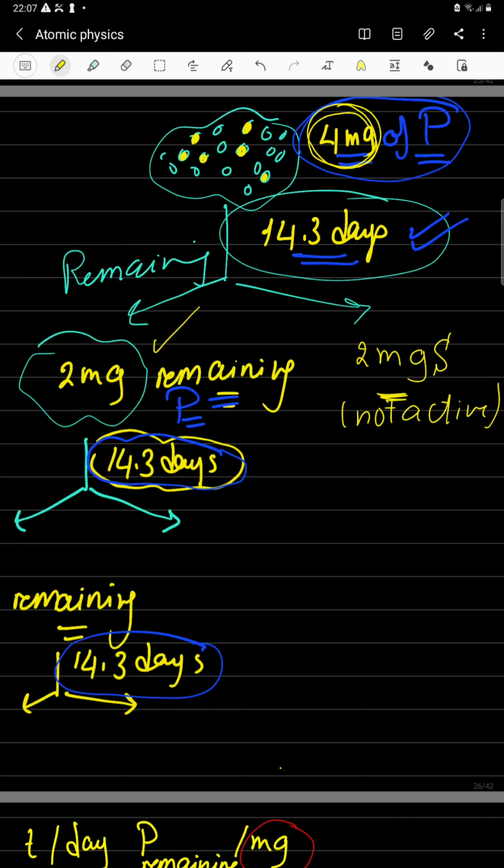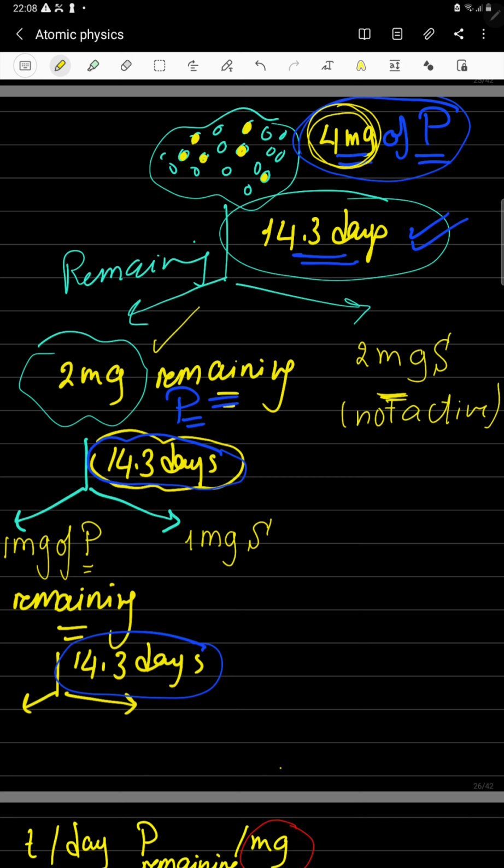And then this is going to be repeated again. After another 14.3 days, I'll find that only 1 milligram of phosphorus is still radioactive. It will still emit beta particles, and the other half has changed into another new element, which is the sulfur, or decayed phosphorus.